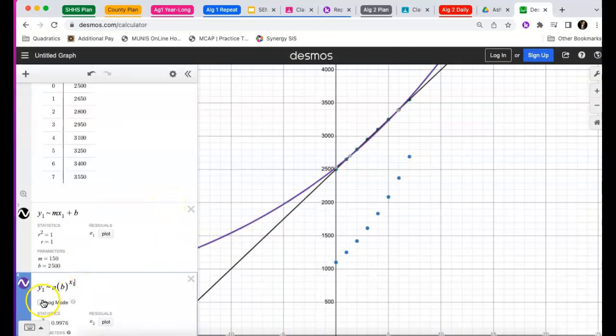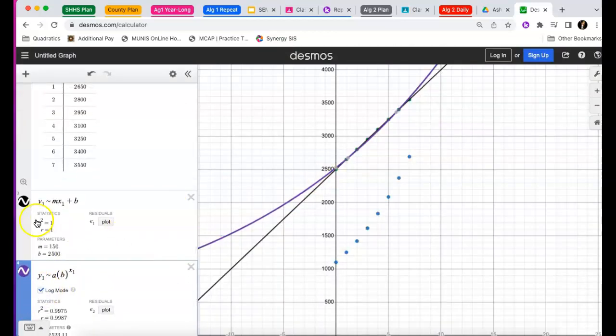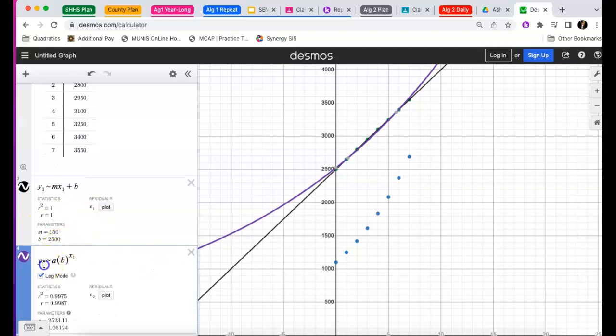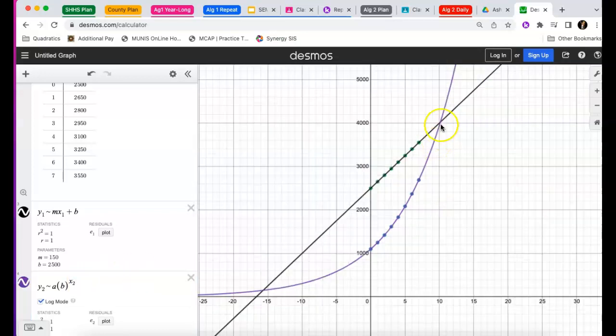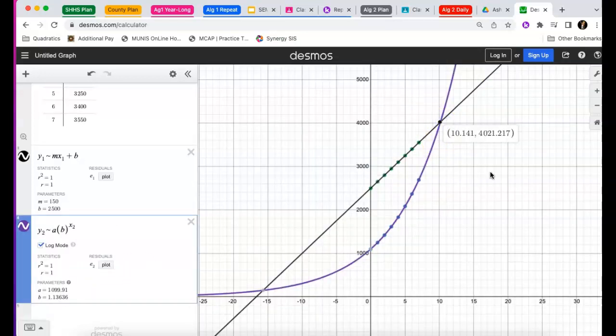And we'll keep these equations in our notes. Oh, so this needs to be y2 and x2. There we go. Okay, so the graph of the blue one does go above the graph of the green one. So that means after 10 years, the venues are going to have the same attendance.